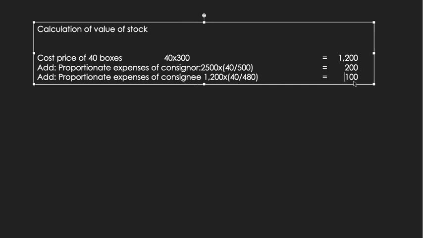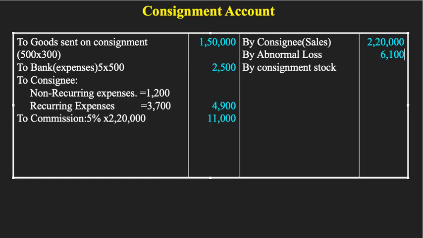Now if we see, the total value of stock is 1,200 plus 200 plus 100, how much? Sorry, it is 12,000, not 1,200. So this is 12,000 plus 200 plus 100. This is how much? 12,300. So we are going to take the same by consignment stock and write down 12,300. So in this account we are going to write down 12,300.